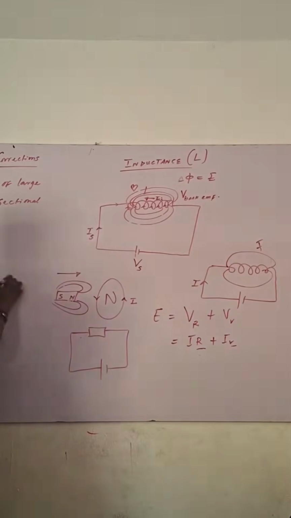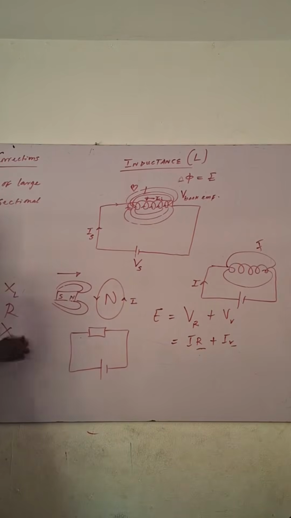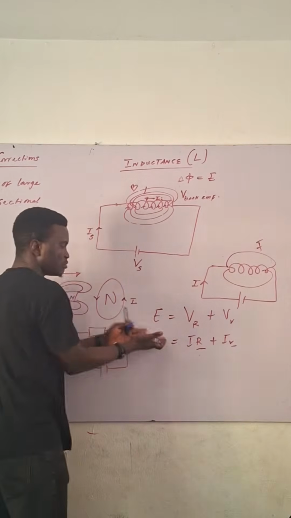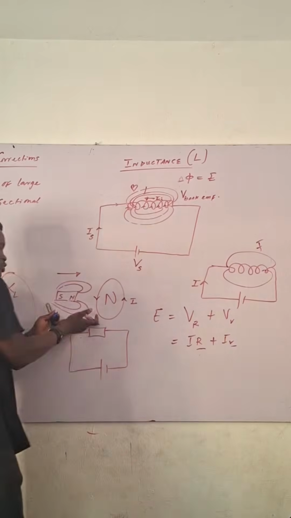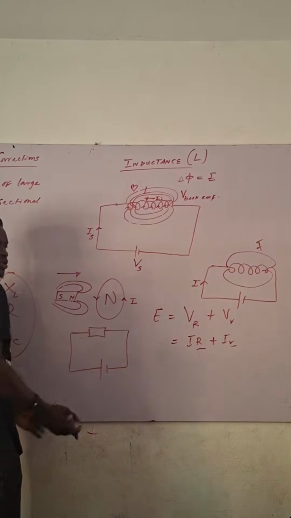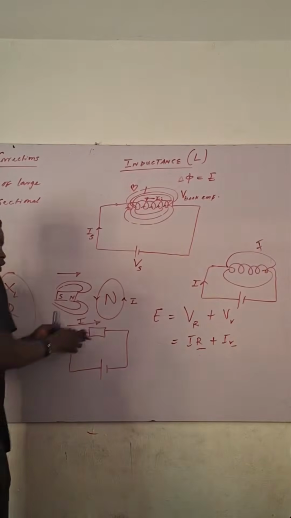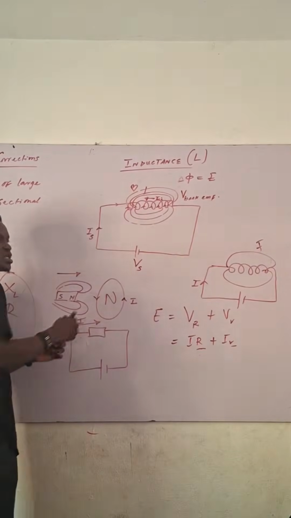That's when you will be asked to calculate the inductive reactance, the resistance, the capacitive reactance. All of these serve like a resistor; they are opposing what is produced. If I put a resistor here, the job my battery does, the resistor will be opposing that job. It does not want current to flow easily, and if it does not want current to flow easily, it is opposing that current.